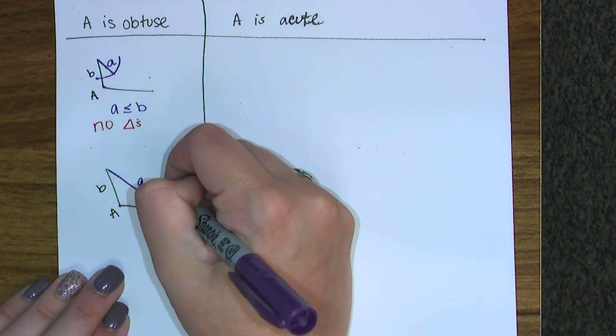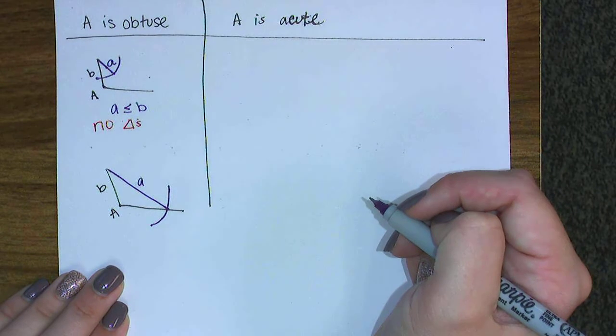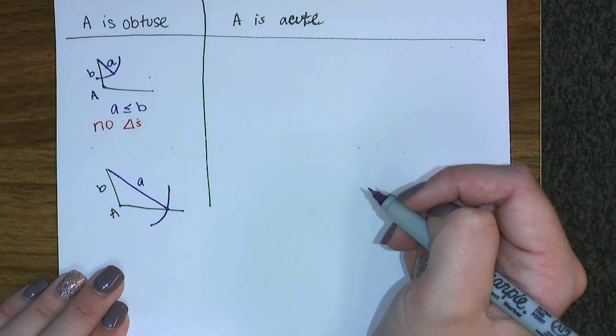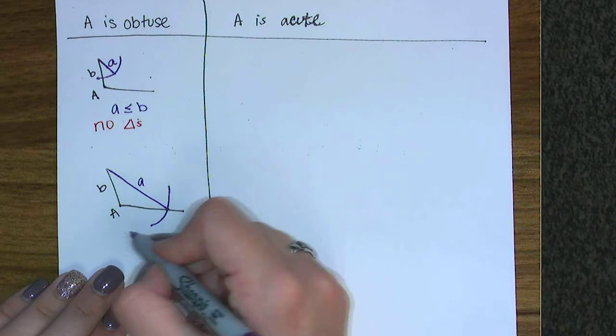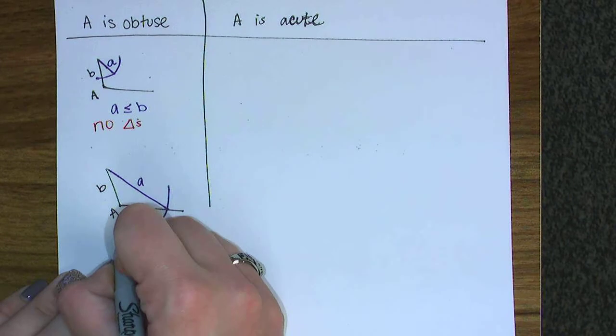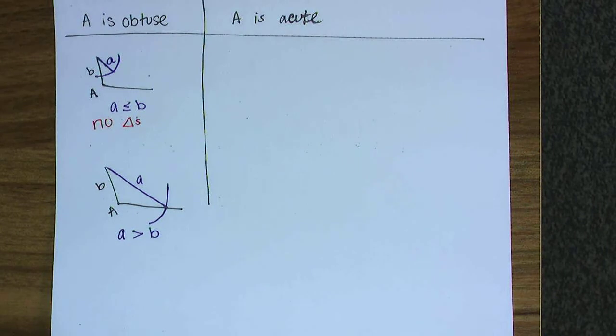It'll come in handy in just a minute while we're looking at a problem. Okay, so it only comes through once, only intersects once. So in this case, we have that A is greater than B. And then in this case, there is one triangle formed.